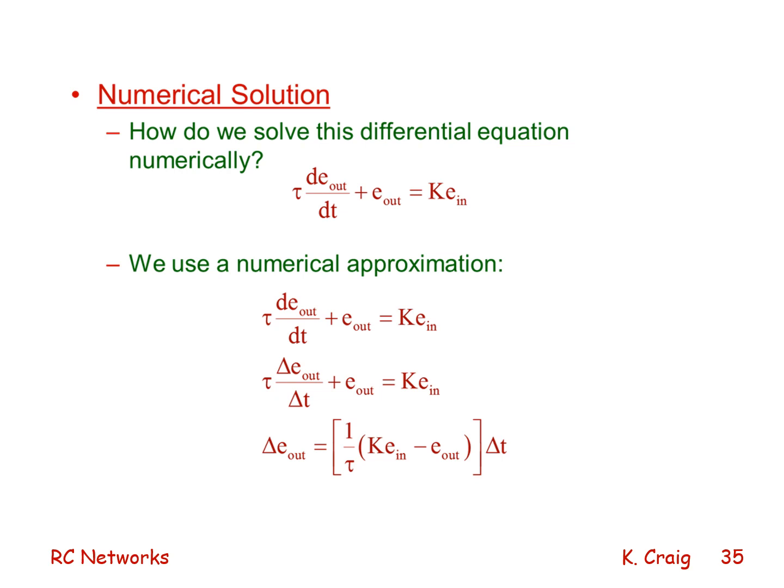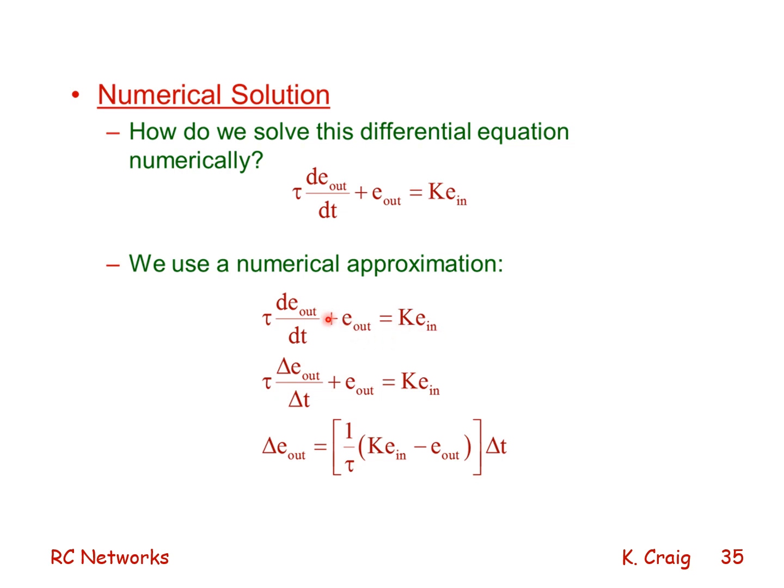We might also want to understand how this equation can be solved numerically. Here's my mathematical model. Well, we use a numerical approximation. So our equation is tau times dE out dt plus E out equals K times E in.